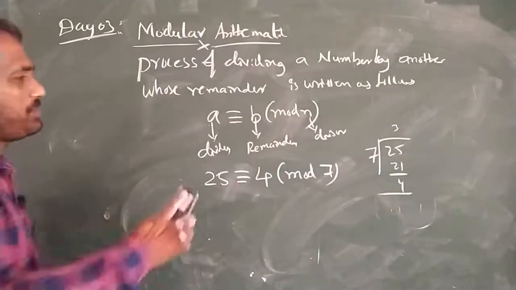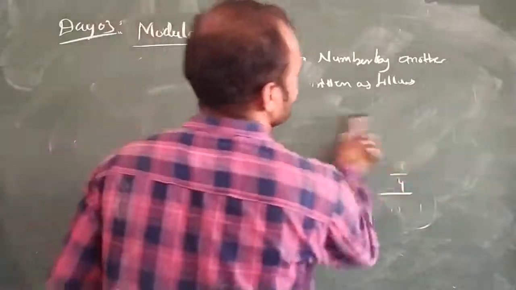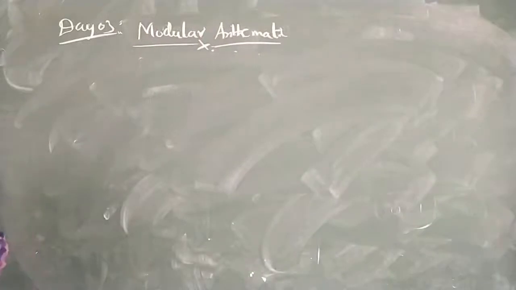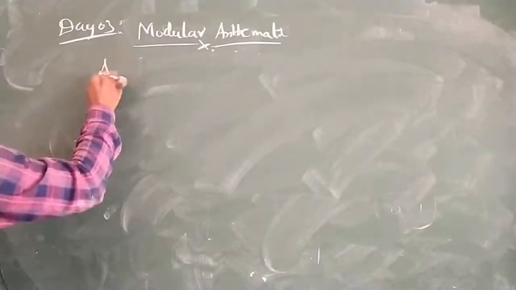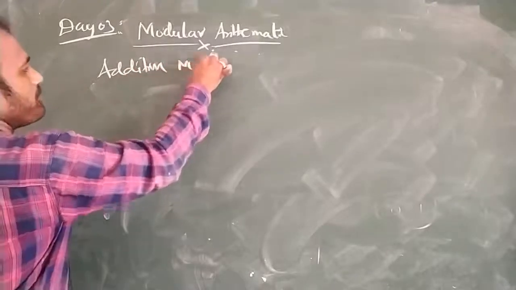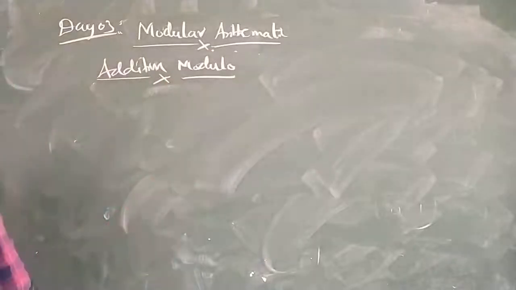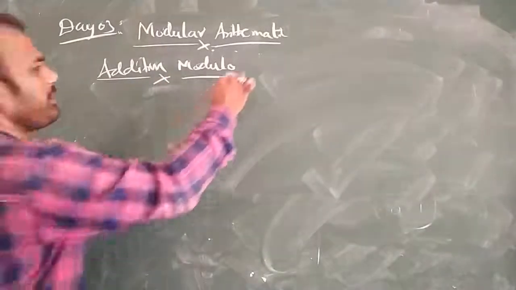So we have two operations on this, addition and multiplication. First one is addition modulo n.